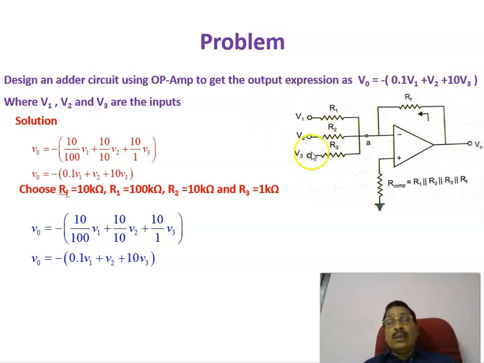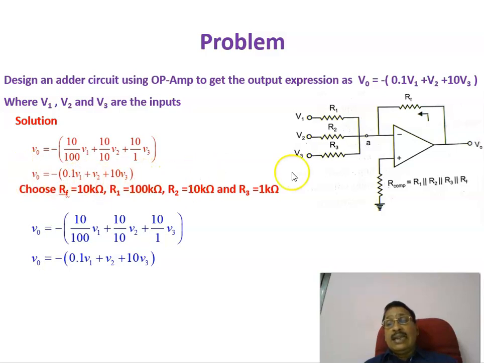Now if you apply this, we can see that V0 equals minus of 10 kilo ohm divided by 100 kilo ohm into V1 plus 10 divided by 10 kilo ohm into V2 plus 10 divided by 1 kilo ohm into V3. Substituting, 10 by 100 gives 0.1 V1 plus V2 plus 10 V3, with a minus sign.